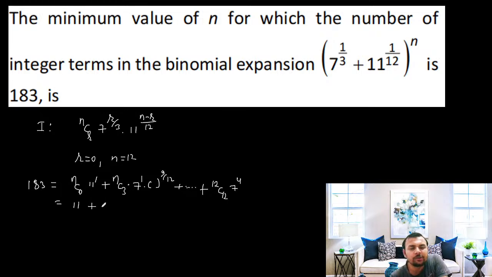This is 49 into 49. That means 343 into 7. So what can we do? We can do one thing, that it is 183.